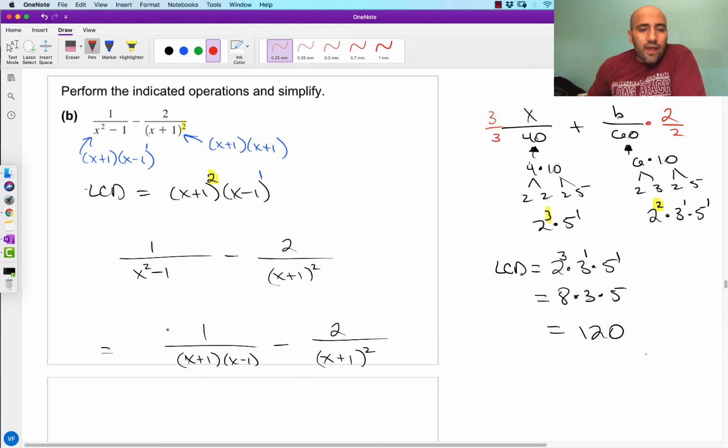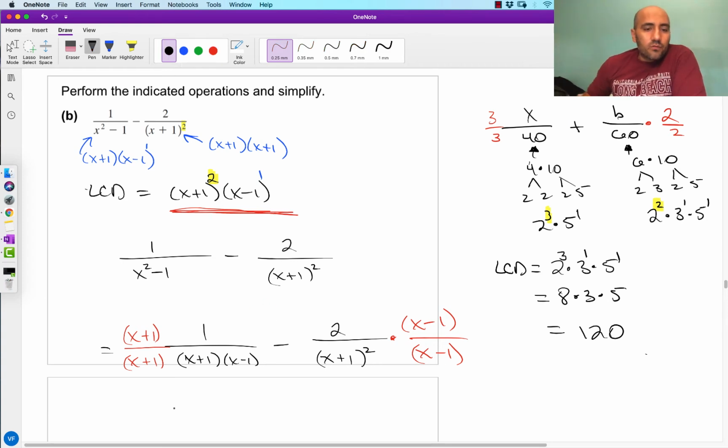So for the first fraction, it's missing an extra factor of x plus 1, so we're going to multiply the numerator and denominator by an x plus 1. That's a new version of 1, so that should take care of this. And then this one, we're going to multiply the numerator and denominator by a term of x minus 1 over x minus 1. This will result in two fractions that have the same denominators. We achieve the LCD.